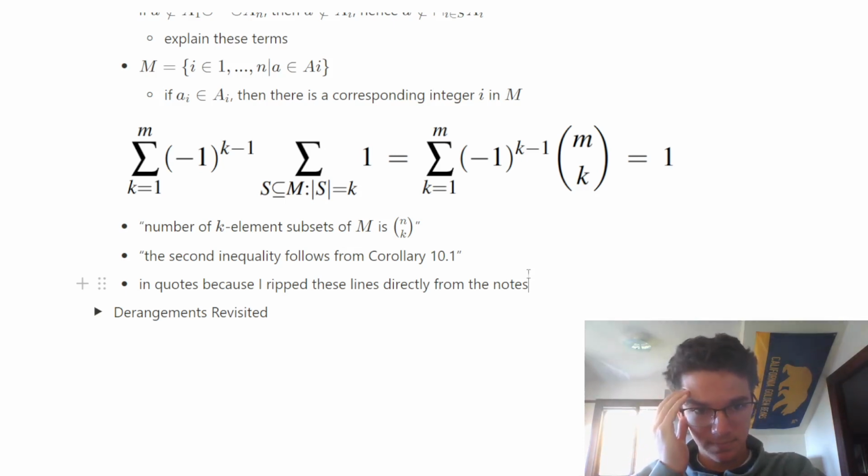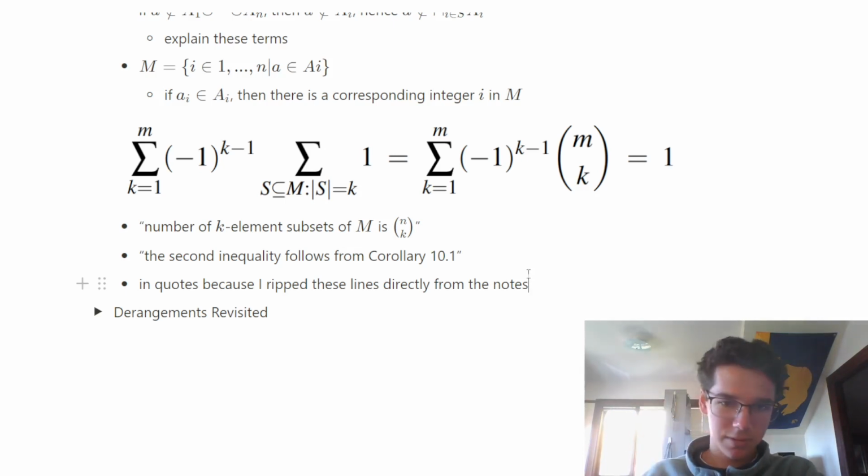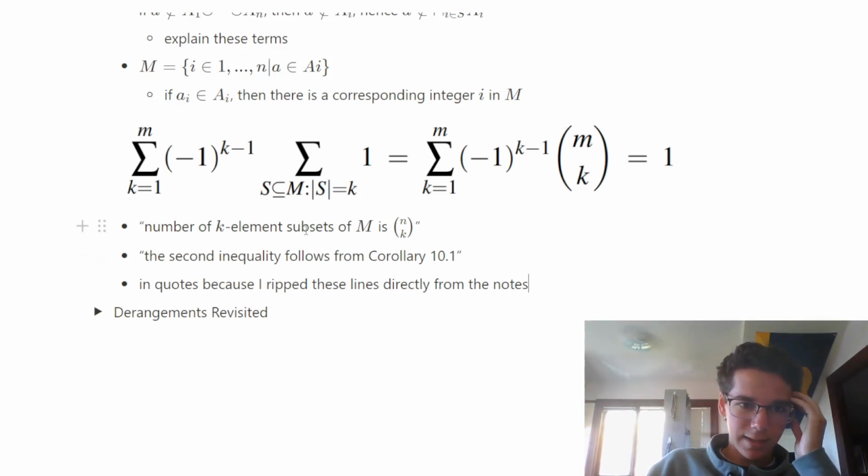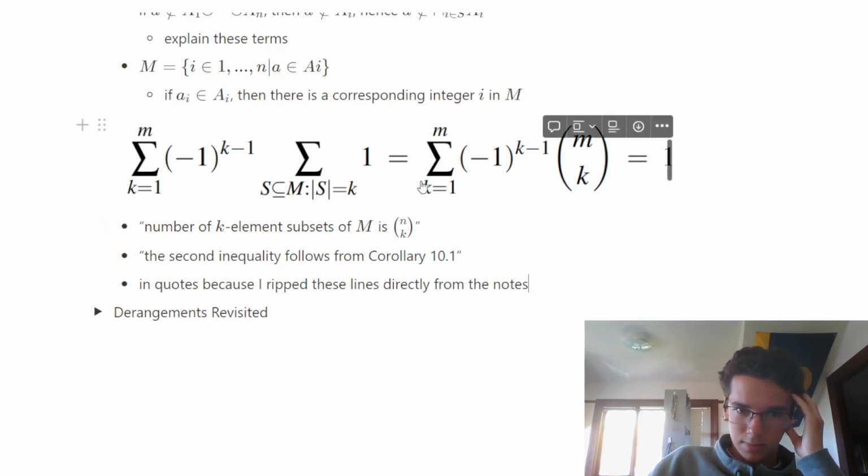So, just to quote directly from the notes, the number of k element subsets of M is n choose k. I mean, that's fairly evident. So what is it?